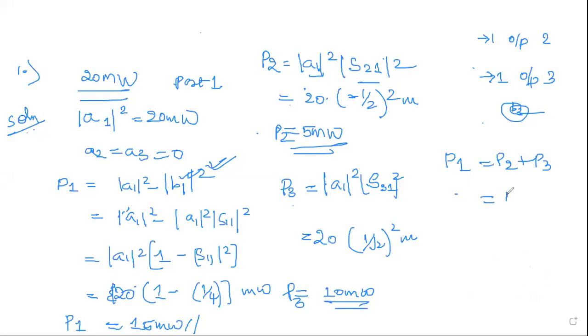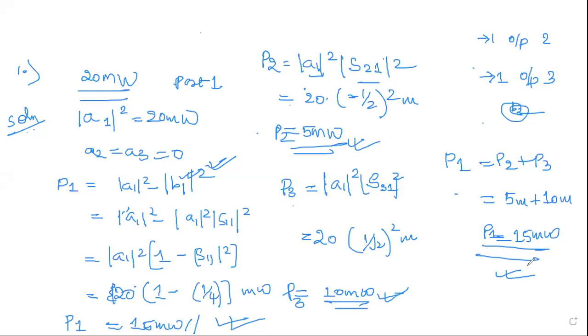P2 is 5 milliwatt plus P3 is 10 milliwatt. Total you're getting 15 milliwatt. Is this equal to your P1? Yes. That means all these powers are consistent, and you can say that P1 is equal to P2 plus P3.